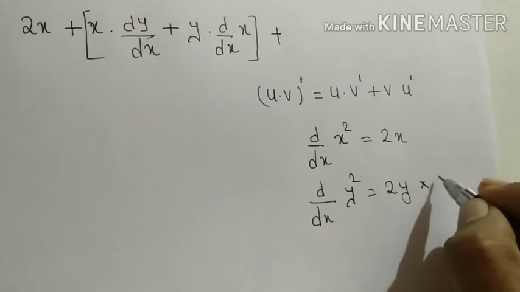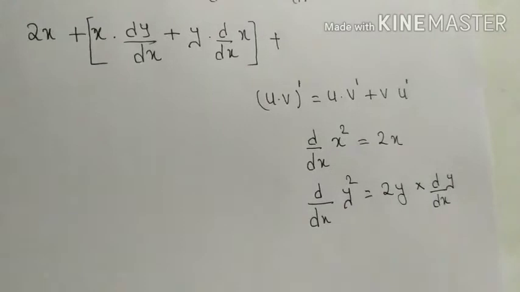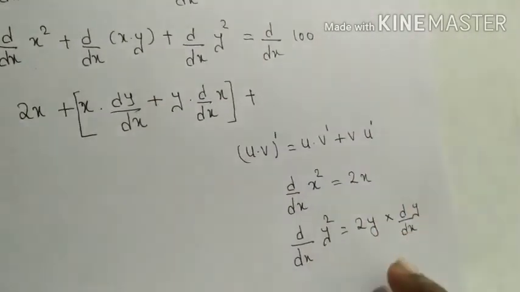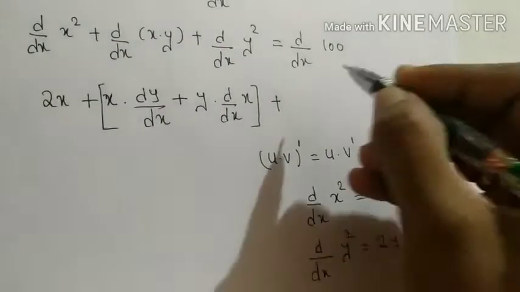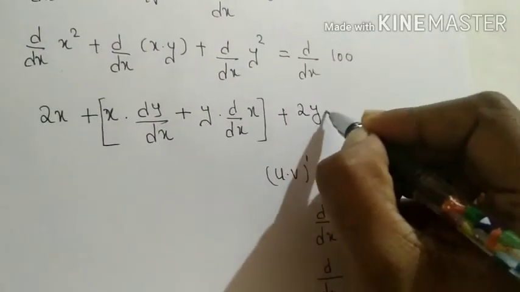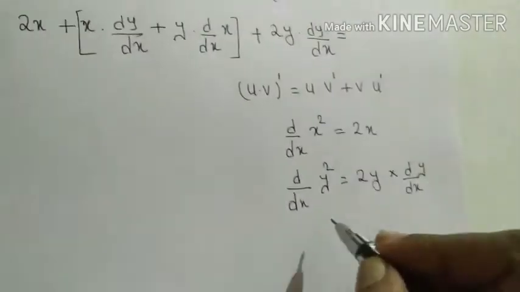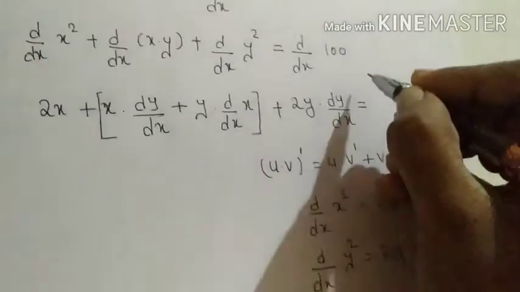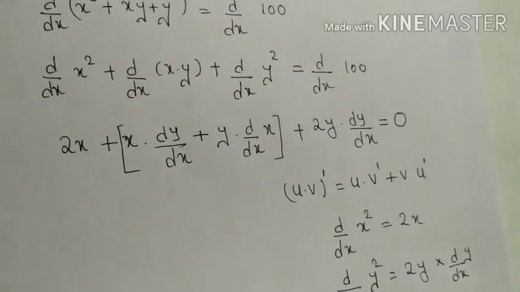So we need to write the derivative of y here. Okay. So I put this value here. We get 2y into dy by dx equal to, the derivative of a constant is 0, so I am going to write 0 here.